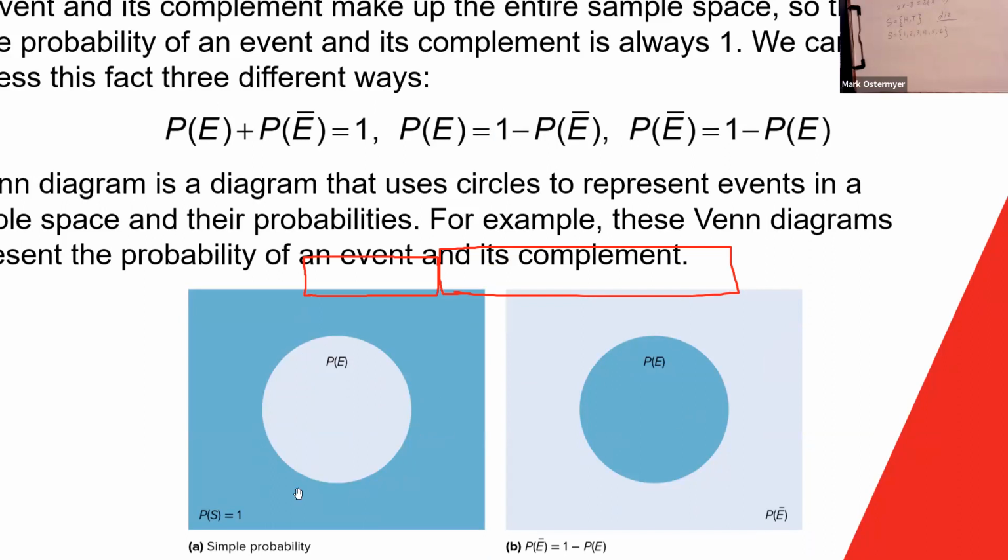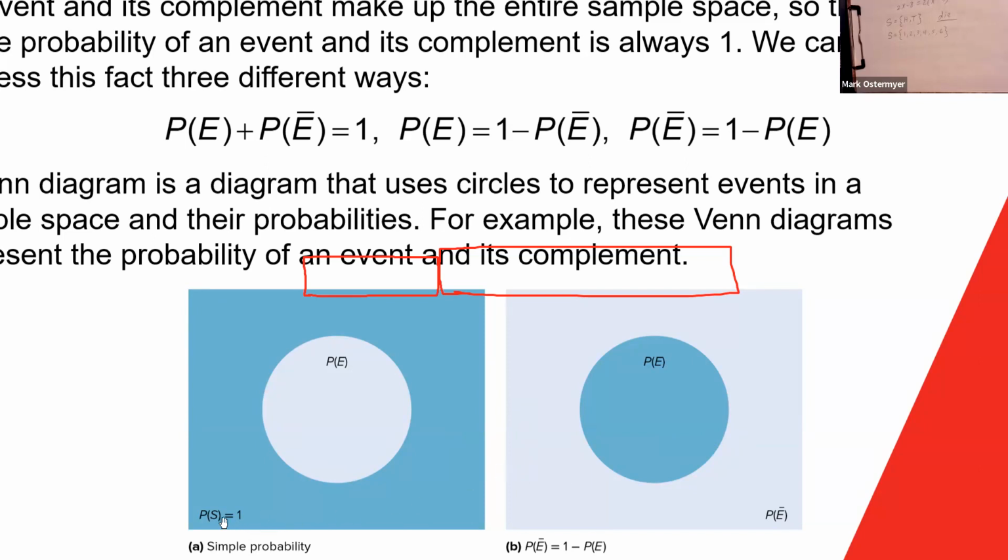Okay, and notice the probability of our sample space is equal to 1. So the probability of event E occurring is a subset, if you will, of the probability of the sample space occurring. All right. So what would be the probability of the complementary event E bar occurring?